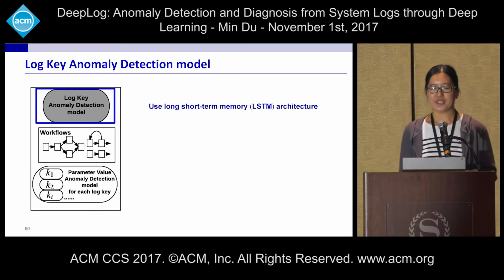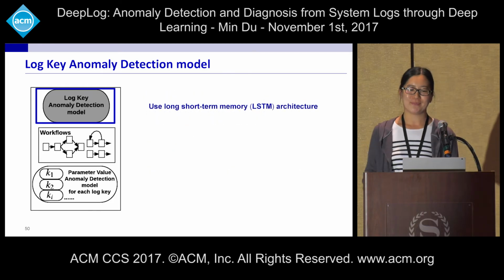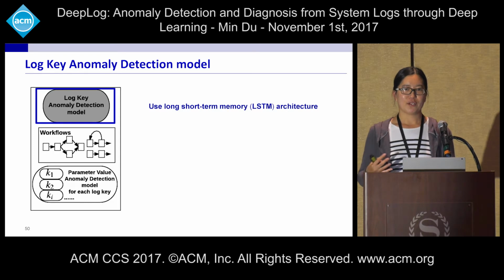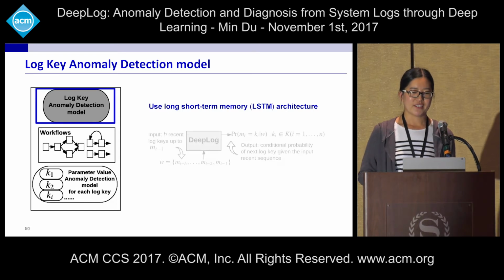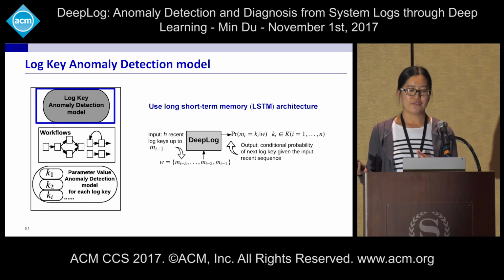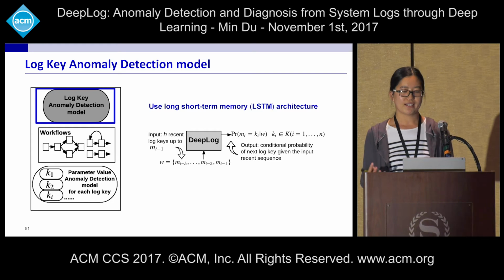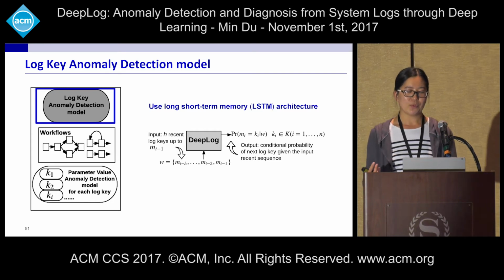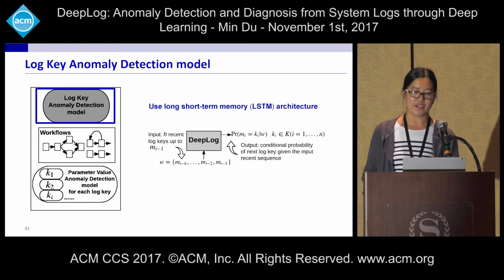So here we utilize the long short-term memory architecture, LSTM, which is also a very popular architecture for language models in recent years. In our architecture, the input of this anomaly detection model is a history window of recent log keys, and the output is the probability distribution of the next key to appear.